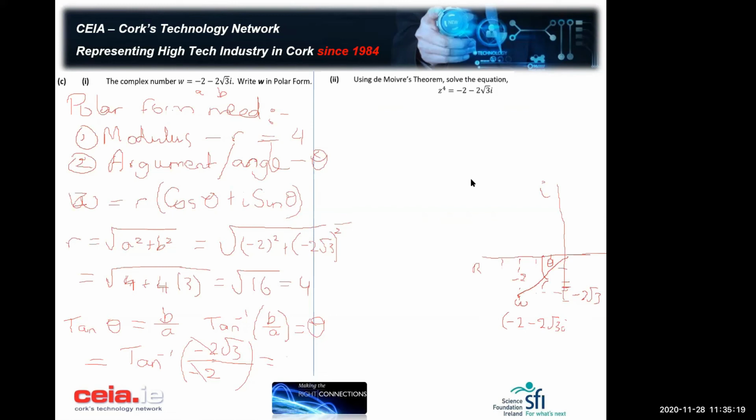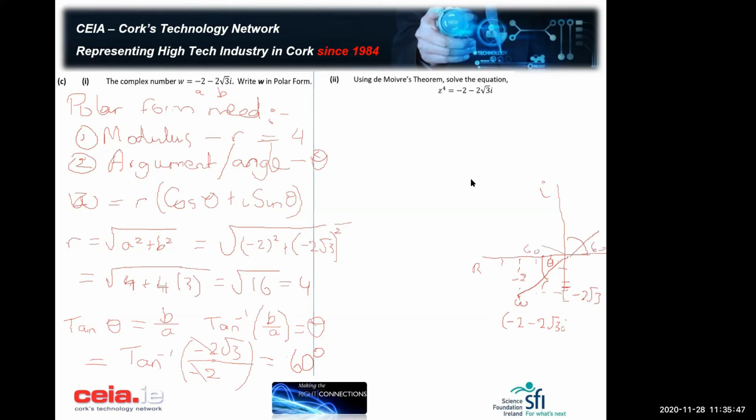We want to know what angle it makes. So the angle that it makes, root 3, is 60 degrees. So when we work it out here, we get 60 degrees. But we don't know where, is it 60 degrees here? Is it 60 degrees here?